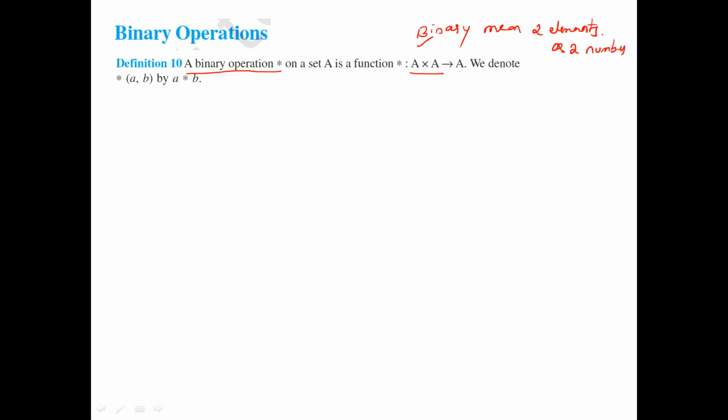Operating on the two numbers with some operation, we get the output as only one value. We call it a binary operation. How to read the binary definition? A binary operation star on a set A is a function defined from A cross A to A. We denote star of A comma B by A star B.